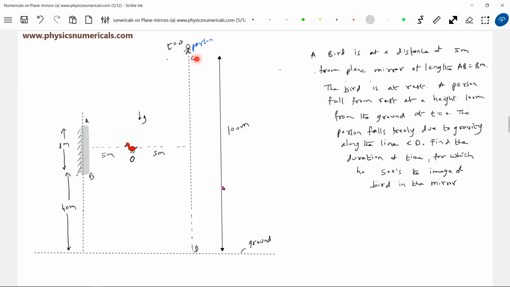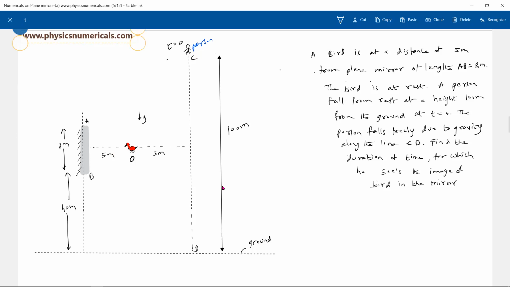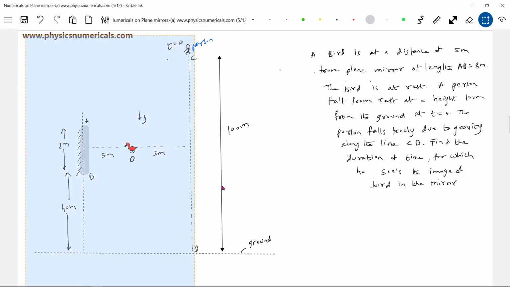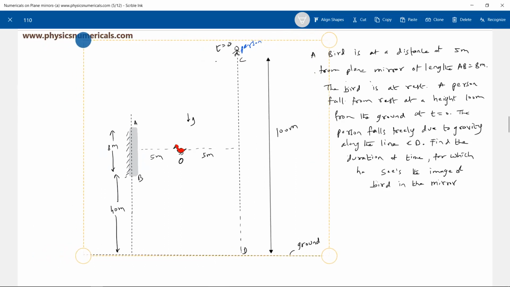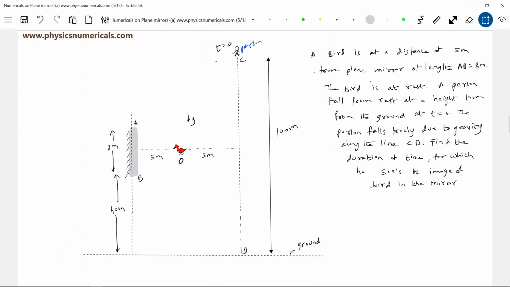The person falls freely due to gravity along the line CD. Find the duration of time for which he sees the image of the bird in the mirror. Okay, I think it is a very good question where they are really asking students to apply different concepts. Let's get into the diagram.